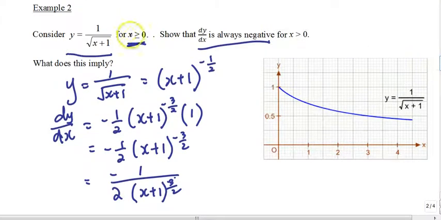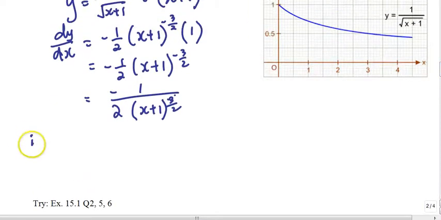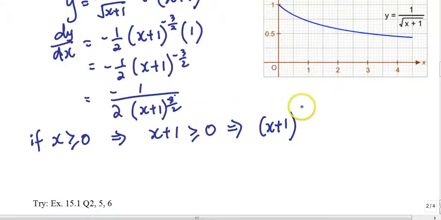Now remember, we want the range x more than or equals to 0. So if x is more than or equals to 0, we know that x plus 1 will definitely be positive. Right? Because if you take a positive number plus 1, it becomes positive. And therefore, if we take a positive number to the power of 3 over 2, it will still remain positive.